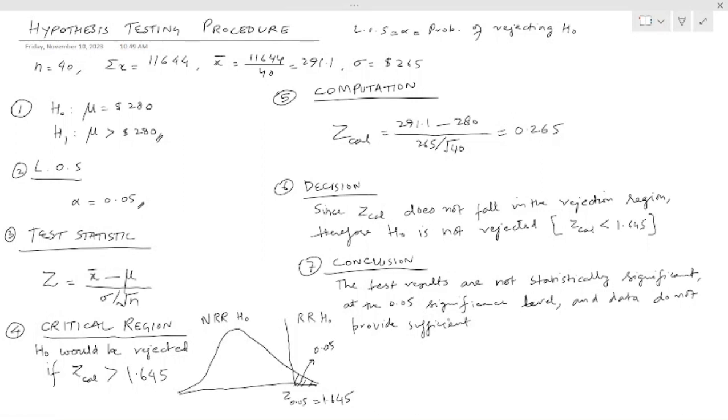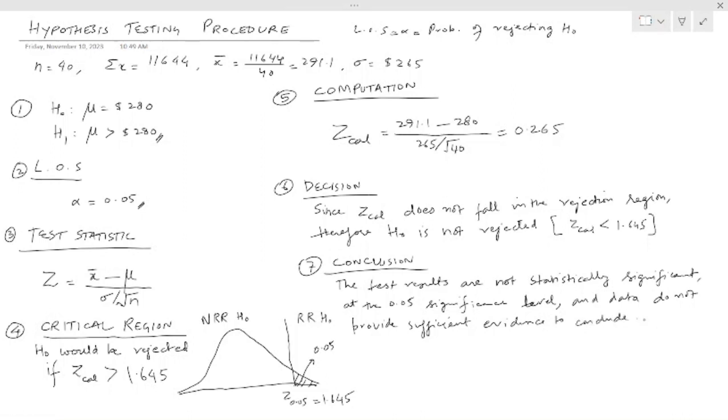If you focus, you can easily recognize these words were given in the question right there. The data do not provide sufficient evidence to conclude.